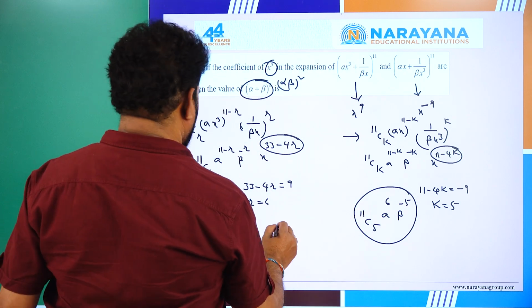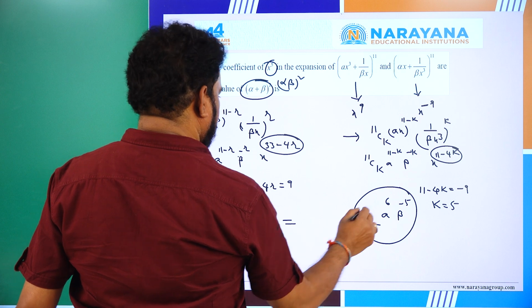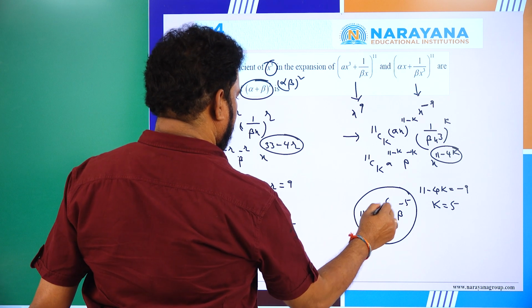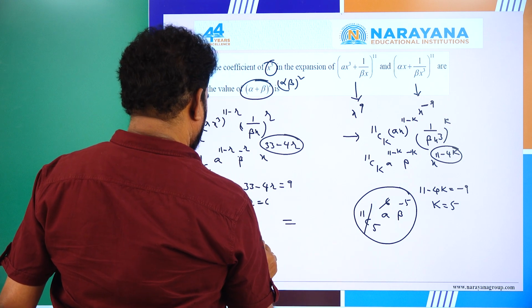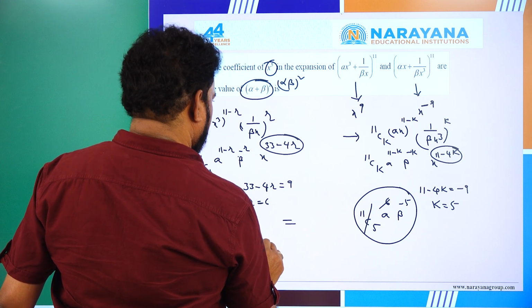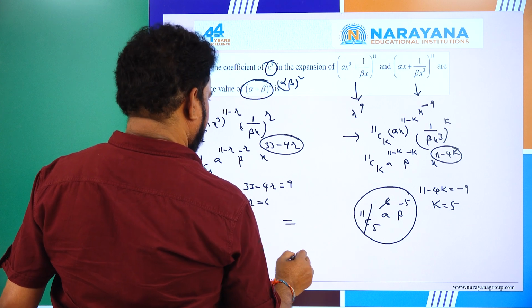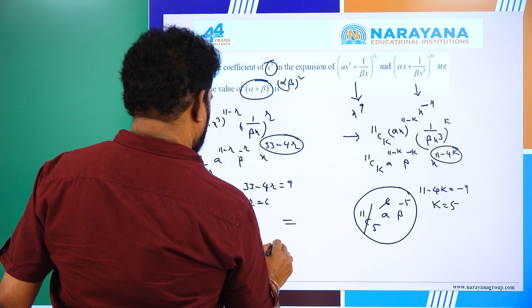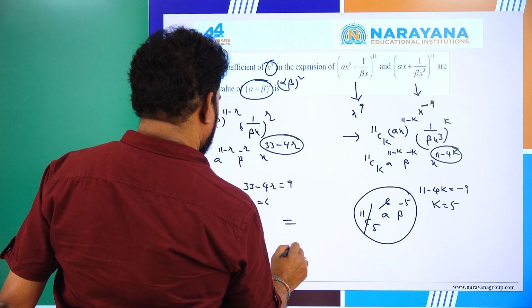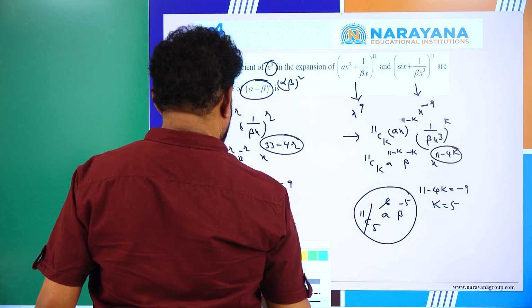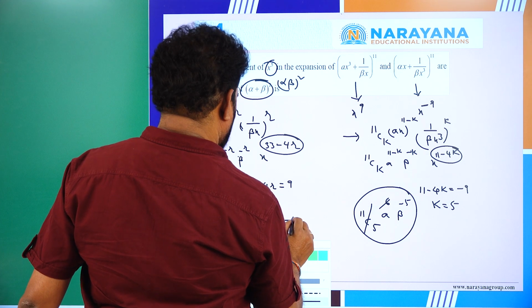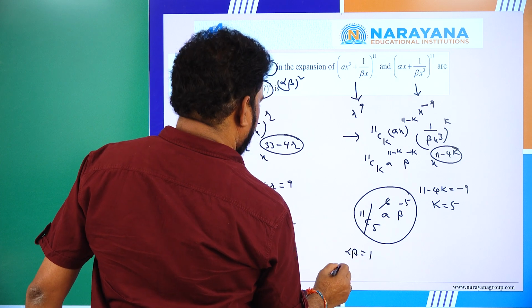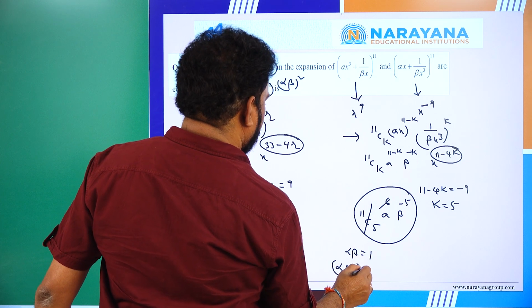Both are equal. After equating, the 11C terms cancel. On one side there is a power 6 and beta power minus 6, on the other side beta power minus 5, so alpha beta is equal to 1. This implies alpha beta whole square is equal to 1.